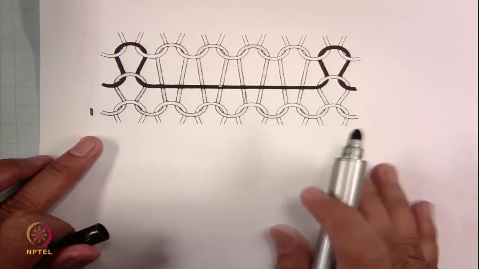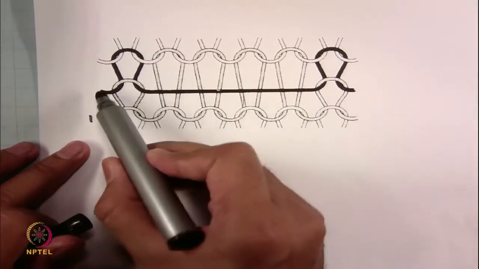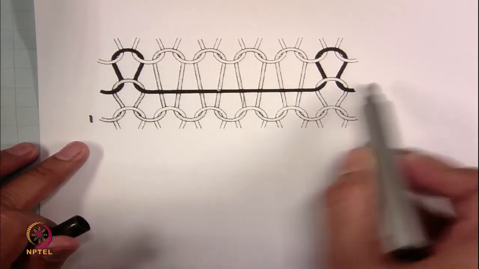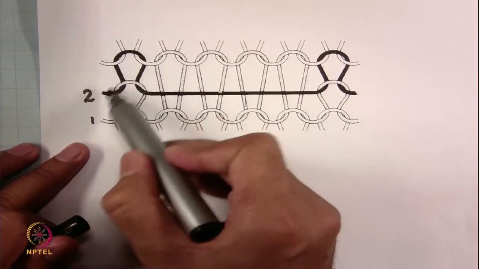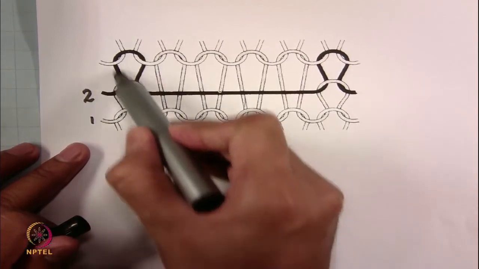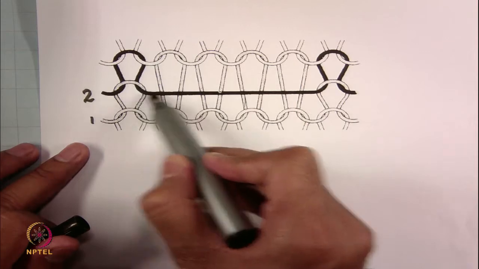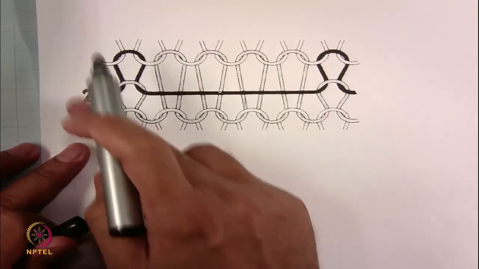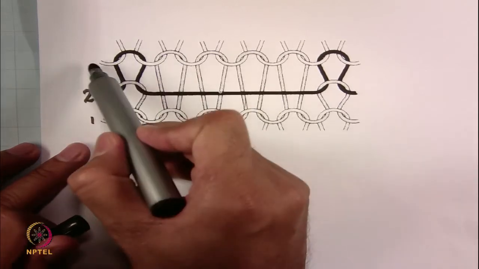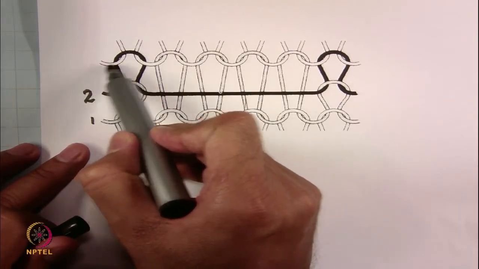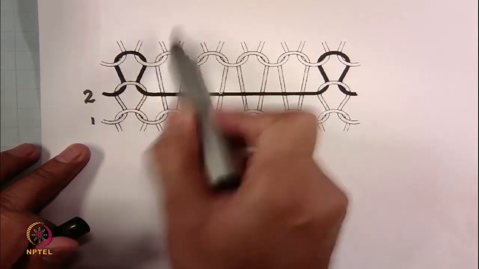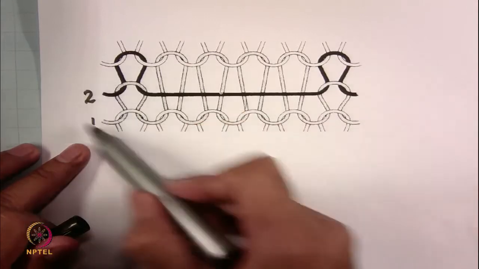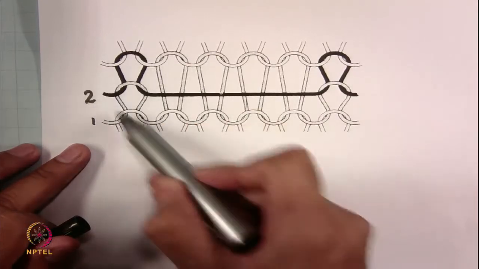Now, let us see the second course. The second course is this black one. This is the black yarn which is shown. If you follow the path, it first makes a loop, then a float, then again a loop. So, two courses you can easily see. If you follow the third course, we are not sure what it is making, so I am skipping this third course. Let us focus on noting down these two courses.